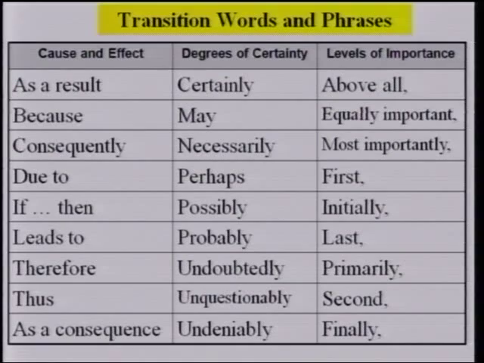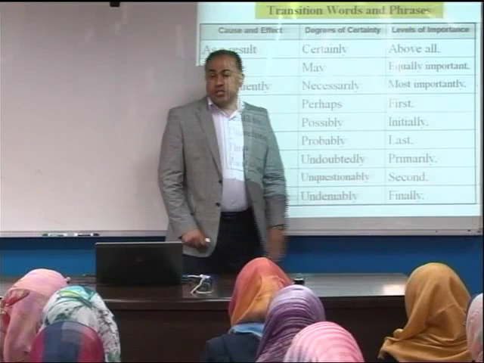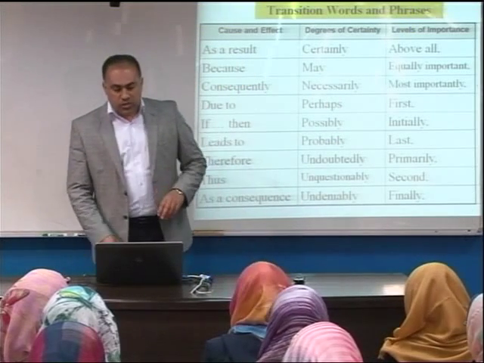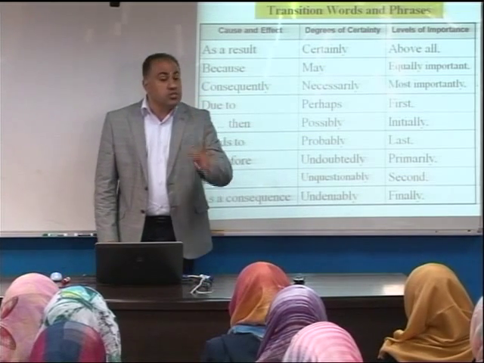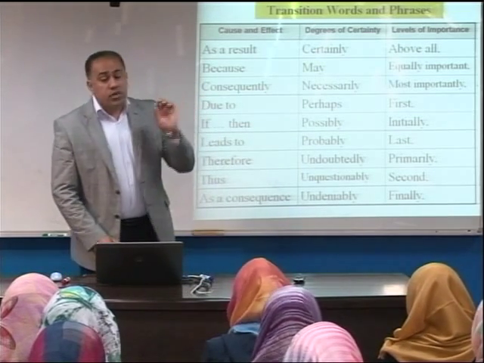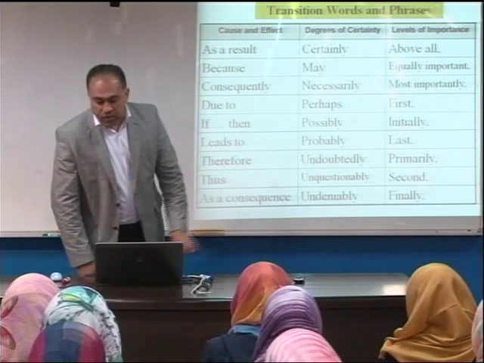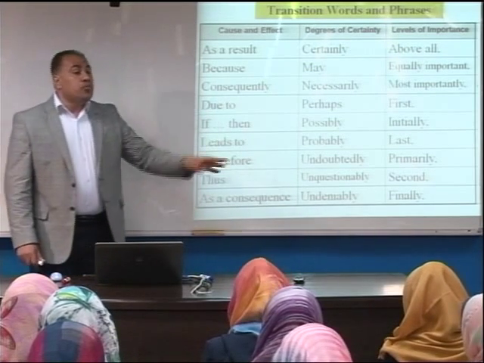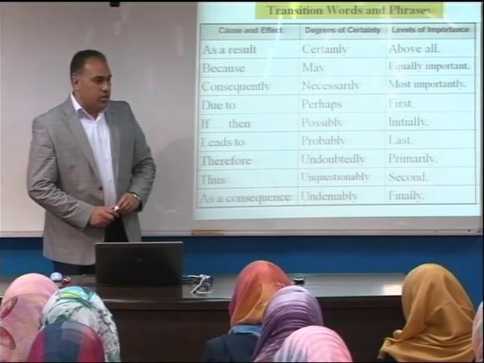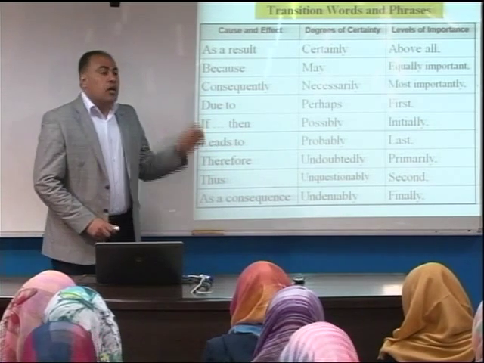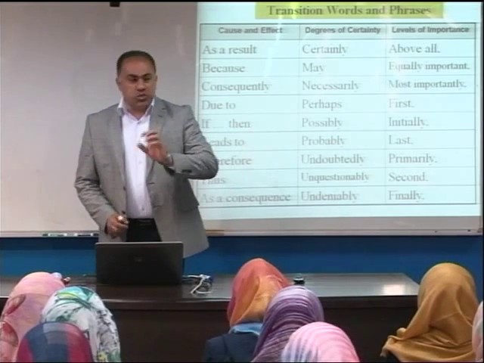We can also add something called degrees of certainty. That is to say, how much certainty do you add to the proposition, to the statement you are saying. For example, air pollution certainly leads to health problems. Soil pollution may cause some problems.